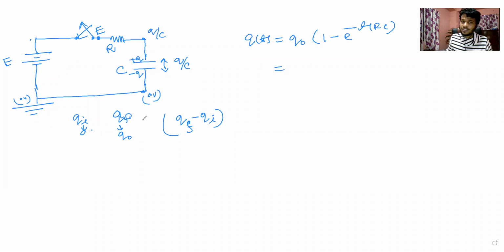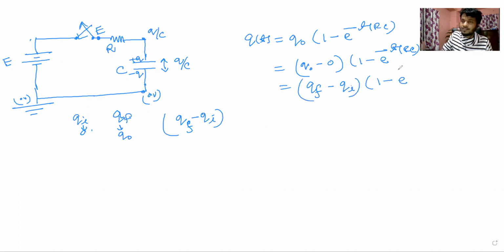So we can actually rewrite this equation. We can write (Q naught minus 0)(1 minus e to the power minus t by RC), and Q naught could be represented by QF, the final charge, and this is QI, (1 minus e inverse t by RC). Can't we write this formula in this way?